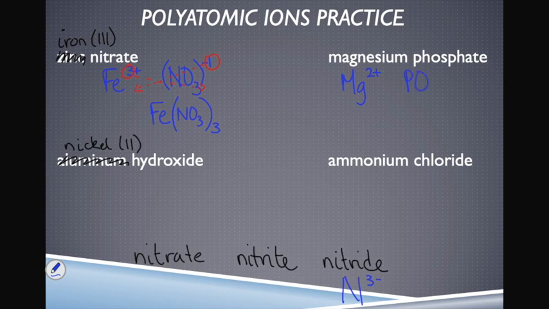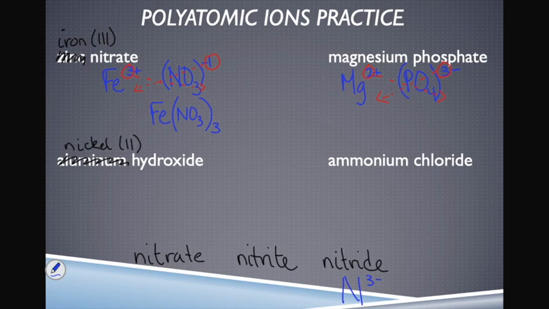Phosphate is PO4 with a 3- charge. Again, this is in your table of polyatomics, so make sure you're looking there. I've put the brackets around it already because I can see there's going to be more than 1.